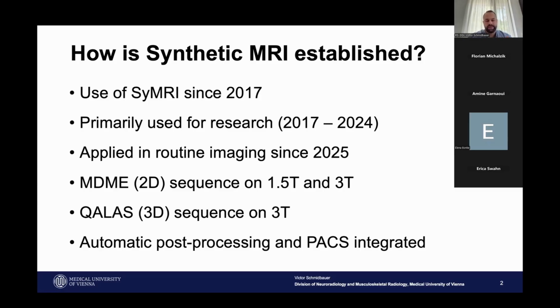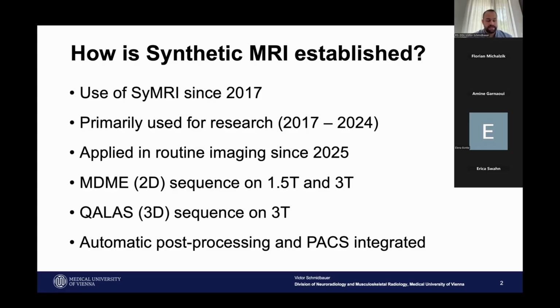And the important thing is that we integrated this system via a fully automatic post-processing pipeline into our PACS system. So we acquire these sequences. When they are transferred to the PACS system, there is a fully automatic post-processing process that generates multiple contrasts based on one of these single sequence acquisitions, and all the different contrasts are transferred into the PACS system.